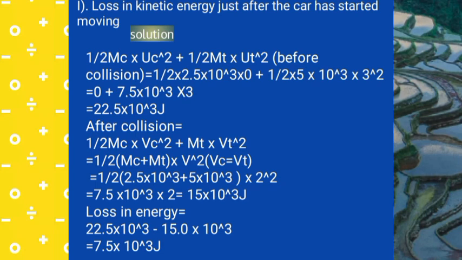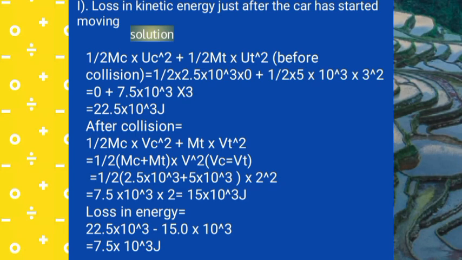After collision, half mass of the car times velocity of the car plus mt, which is mass of the tractor times velocity of the tractor, raised to power 2. Half into brackets mc plus mt times velocity, because the velocity is the same thing.